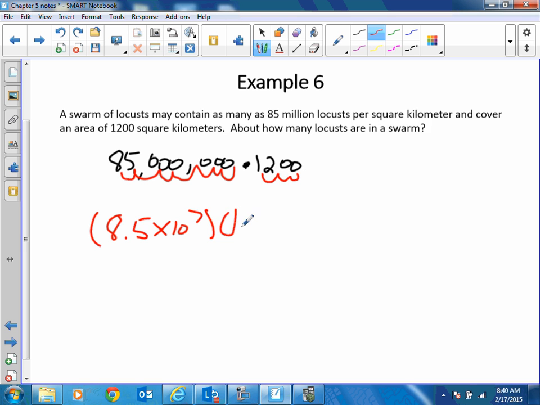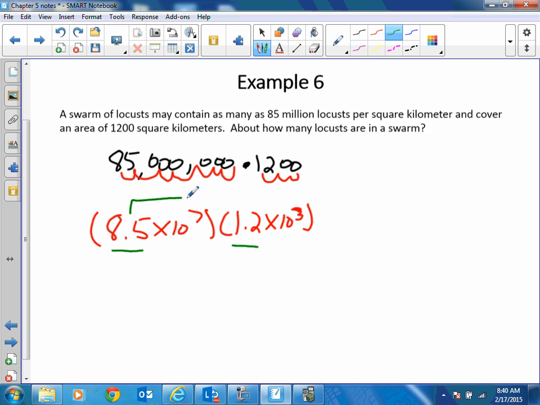Basically, all I'm doing is making the number between 1 and 10. So 1.2 times 10 to the 3rd. So I made 8.5 between 1 and 10. I made 1.2 between 1 and 10.